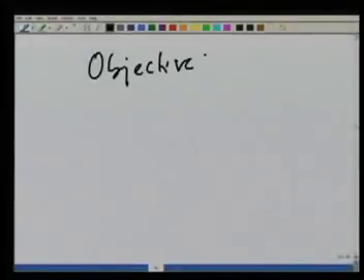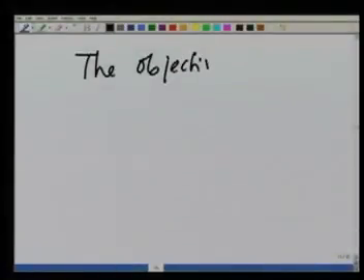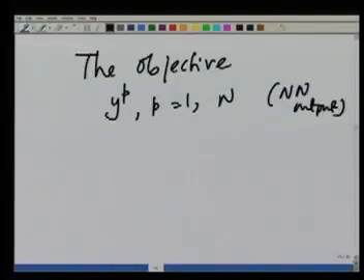I have neural network output yp from p equal to 1 to n, and my system output is ydp, p equal to 1 to n.